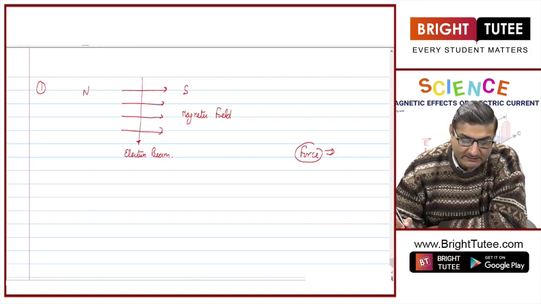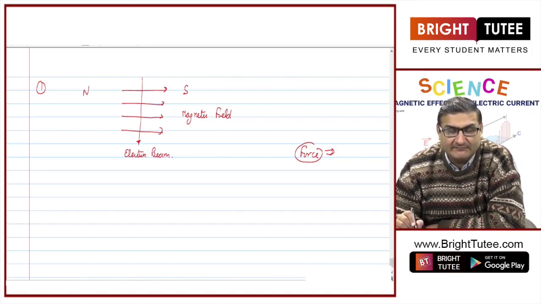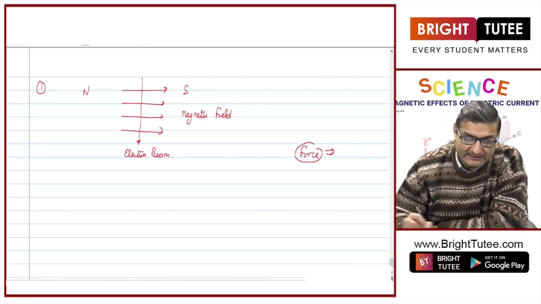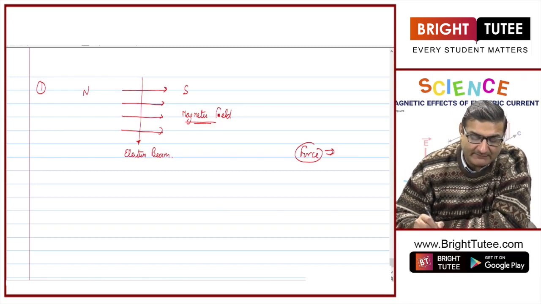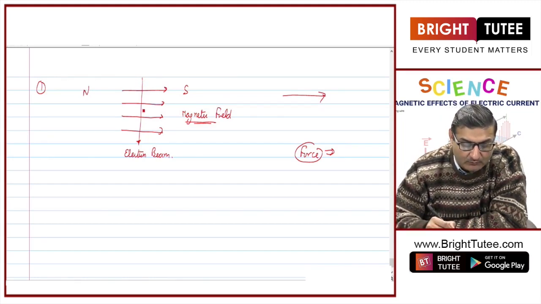Now for this particular part, first of all we see what exactly are the various directions. The direction of magnetic field is quite evident, it is from north to south pole like this. The direction of electron beam is downwards.